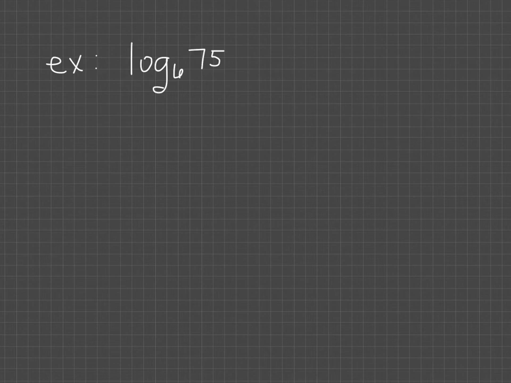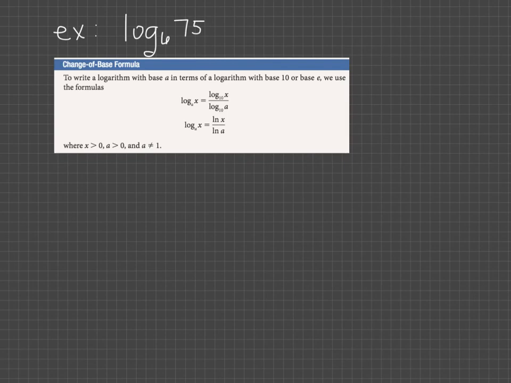Okay, we want to evaluate log base 6 of 75. Now your calculator does not have log base 6 as a function, so here is where we want to use the change of base formula. All right, here's the change of base formula. You notice that for any log base a of x, we can convert it using common logs or natural logs. So let's take our example. Our base is a equal to 6, and x is 75.